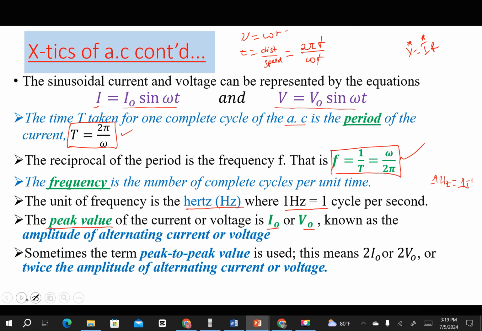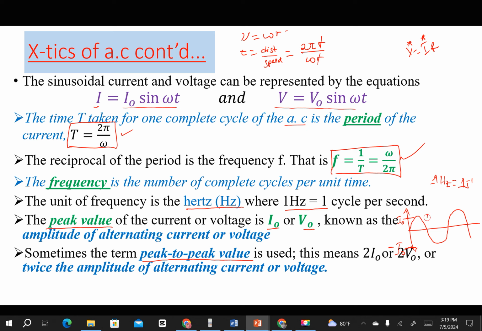Then another term we need to note very carefully. Sometimes we shall be referring to the peak to peak, from one peak to another peak. If this is a graph showing the alternating current, this is the peak, which is I naught, and at the bottom we have another peak, which is negative I naught because this is alternating current.